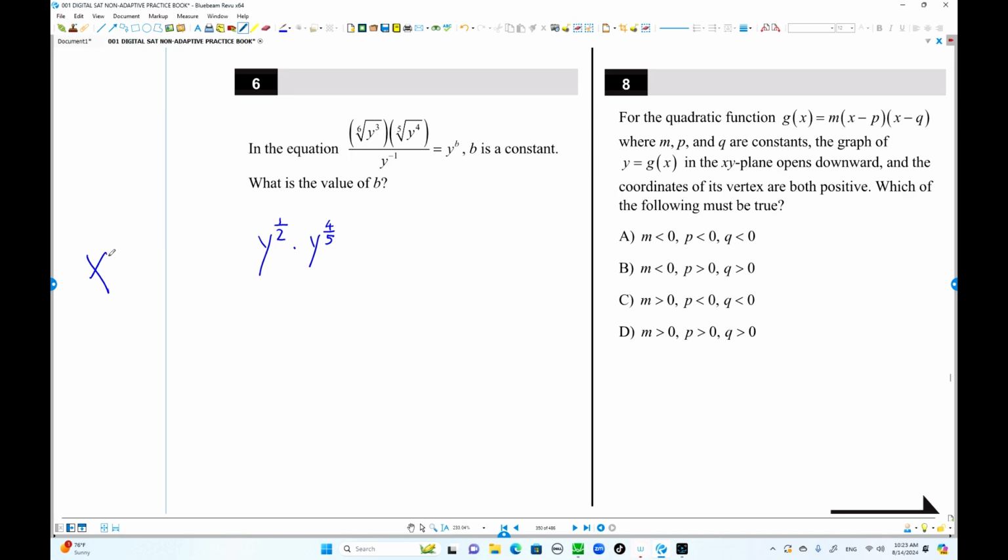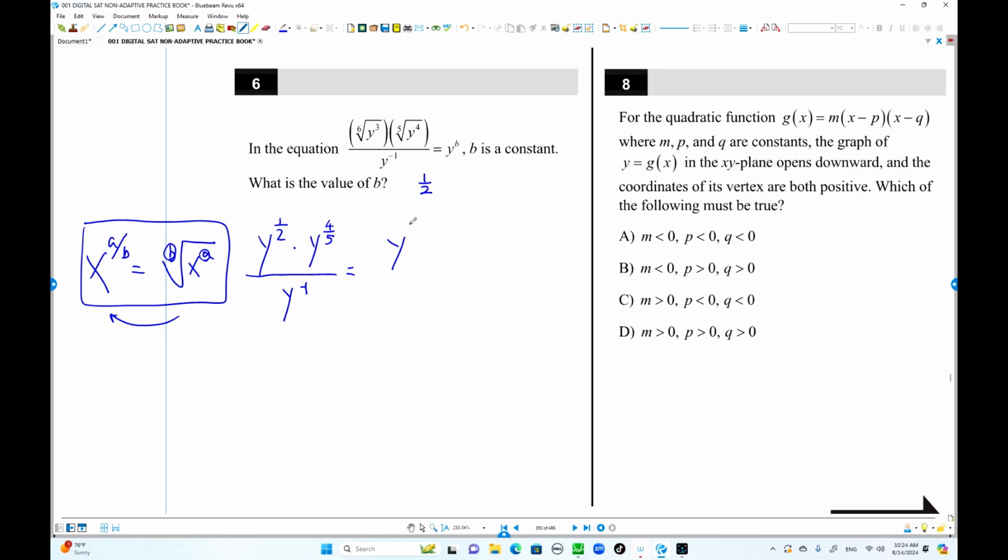But when you have x to the a over b, that is what? The index b root of x to the a, right? You remember this formula. You're gonna go back this way, a over b. Okay, and we have another denominator, y to the negative 1. So the numerator is y to the 1 half plus 4 over 5, minus, minus 1.